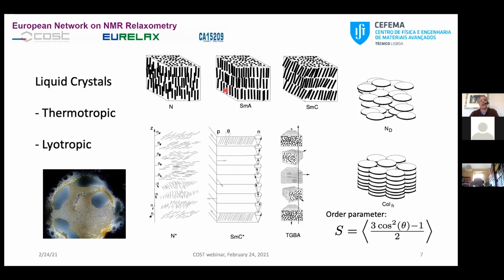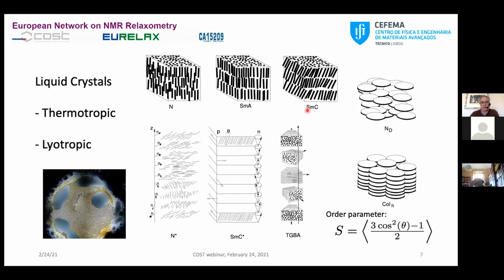So they keep the common alignment along one direction, but they also organize in layers. Of course, these layers do not correspond to sharp boundaries; this is a region in space where the density of matter is slightly less than in the middle of the layers. The molecules in the layers can also tilt, so we have another type of phase, which is smectic C.